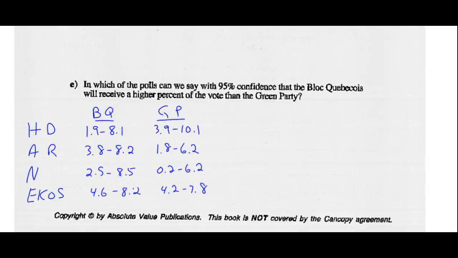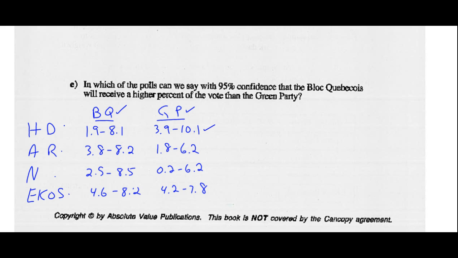So here's what we should have come up with. If you do the confidence intervals for Bloc Québécois and confidence intervals for the Green Party, here's the Harris Decima, Angus Reid, Nanos, and EKOS Research. And do we find any overlap? So again, we're going to see overlap in this one.